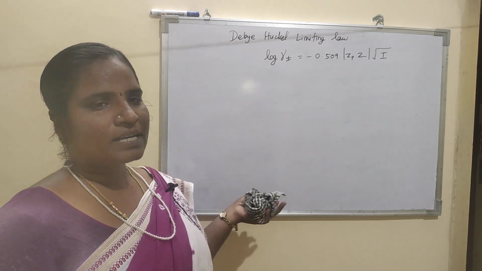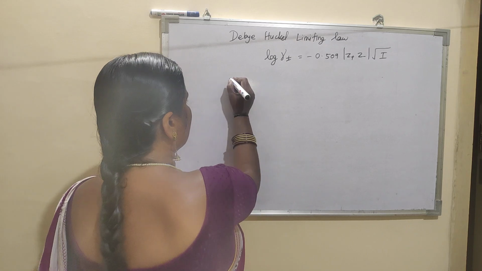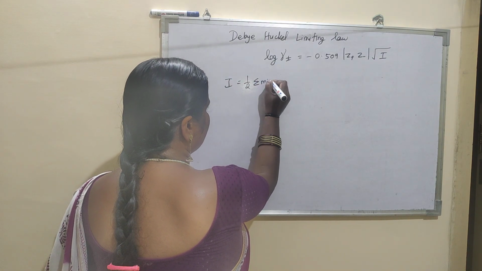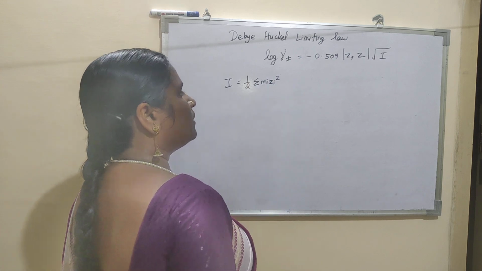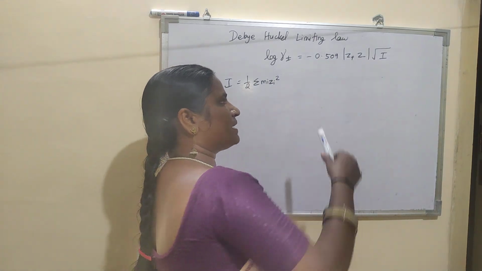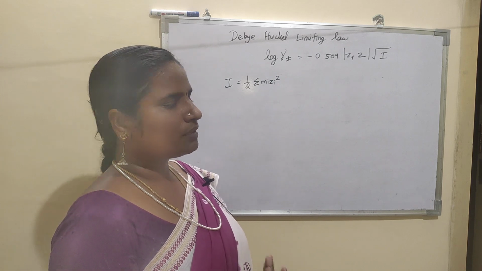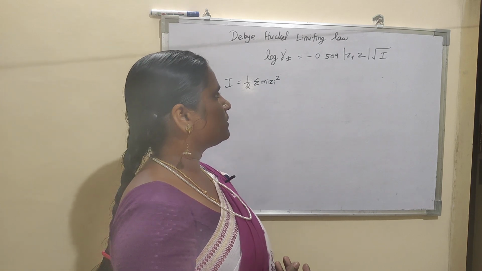So we already know what is ionic strength. Ionic strength formula is half sigma mi zi square. So here Z plus and Z minus are the charges of the ions. When you take the modulus of that, you will get the positive quantity.